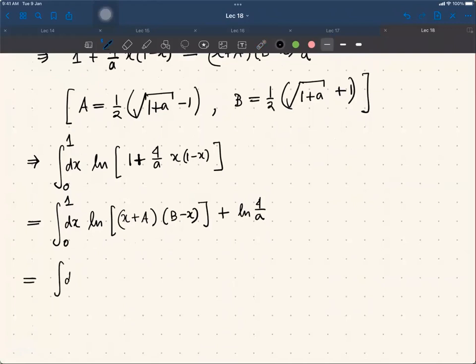And that is the same as dx 0 to 1 log x plus a.